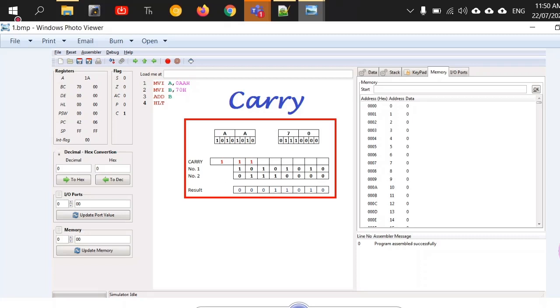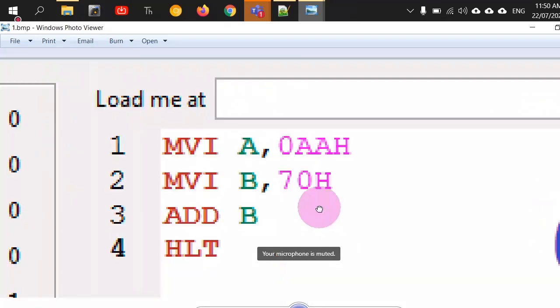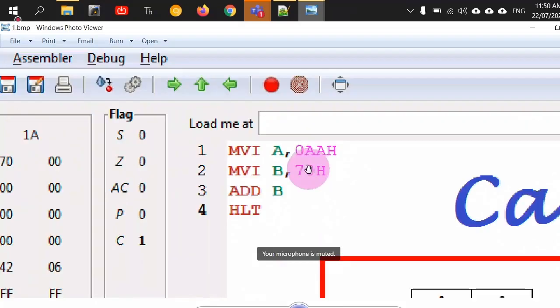But sir, the A register is only 8 bits, so anything outside that will be ignored. Yes, that is true. This is also a very good point for clarifying that the A register is only 8 bits, so how is 0AA accommodated in that? Please understand that this 0 is not for storage.